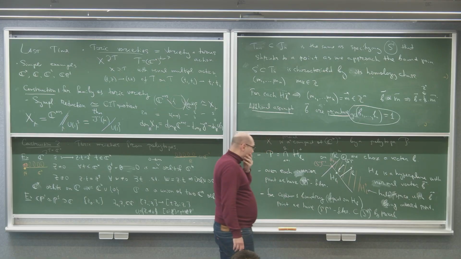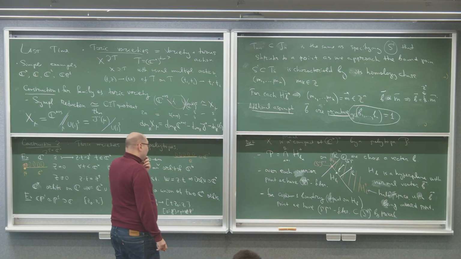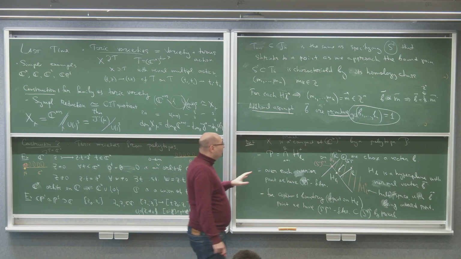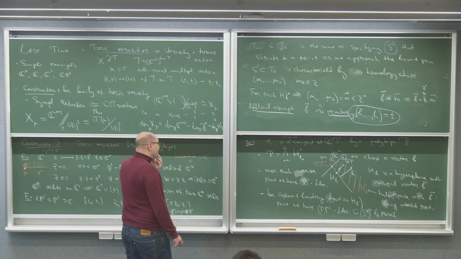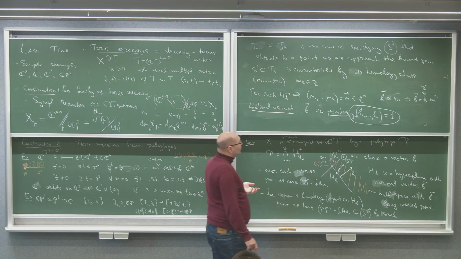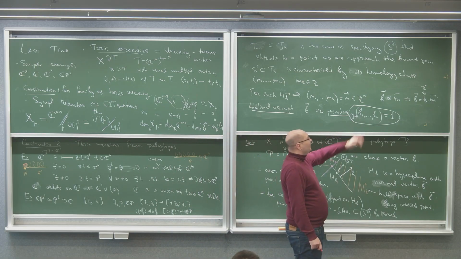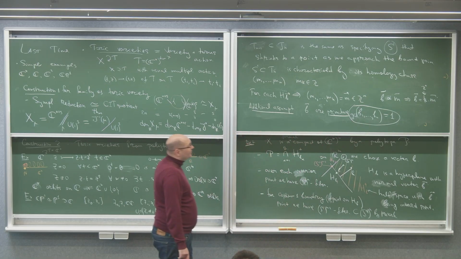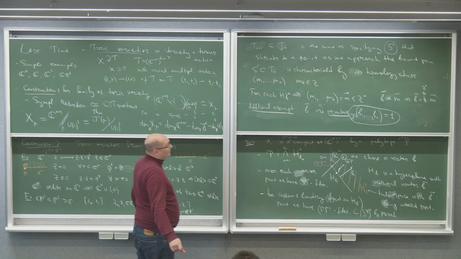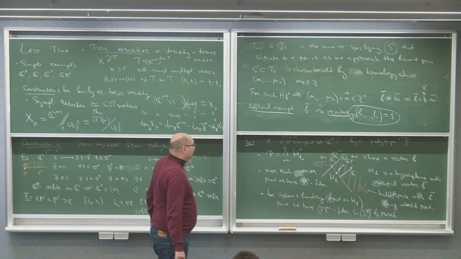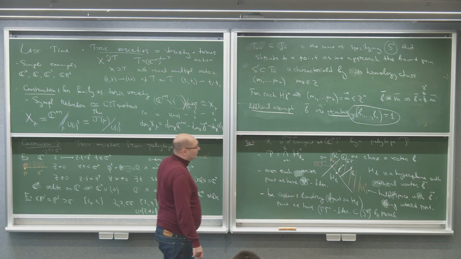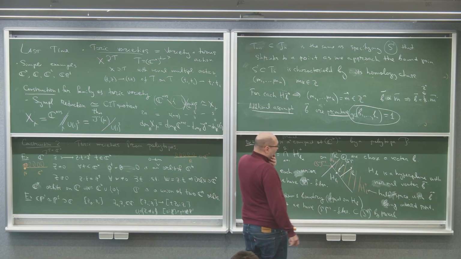Okay, so this construction is kind of okay. The nice part about this construction is that it's easy to use, because you just pick some collection of integer vectors b and intersect them, and the construction guarantees that you get some toric variety.